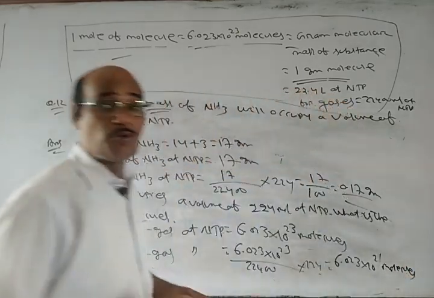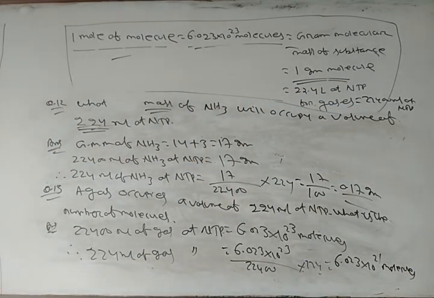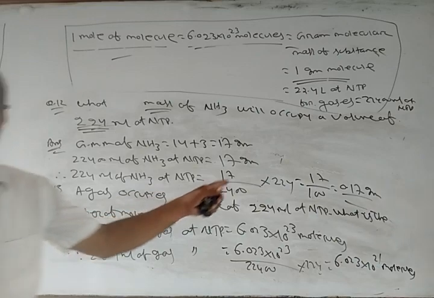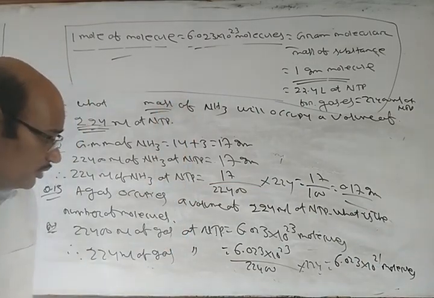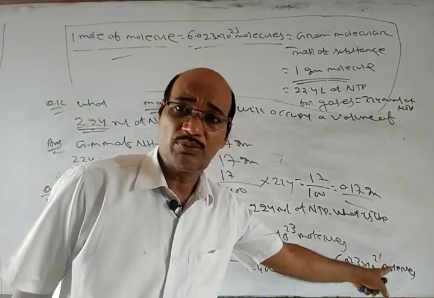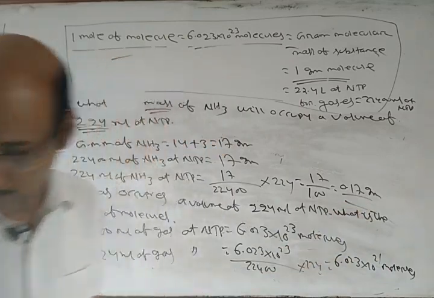So if the volume of the gas at NTP is 224 milliliter, then the number of molecules will be 6.023 into 10 power 21. Clear?